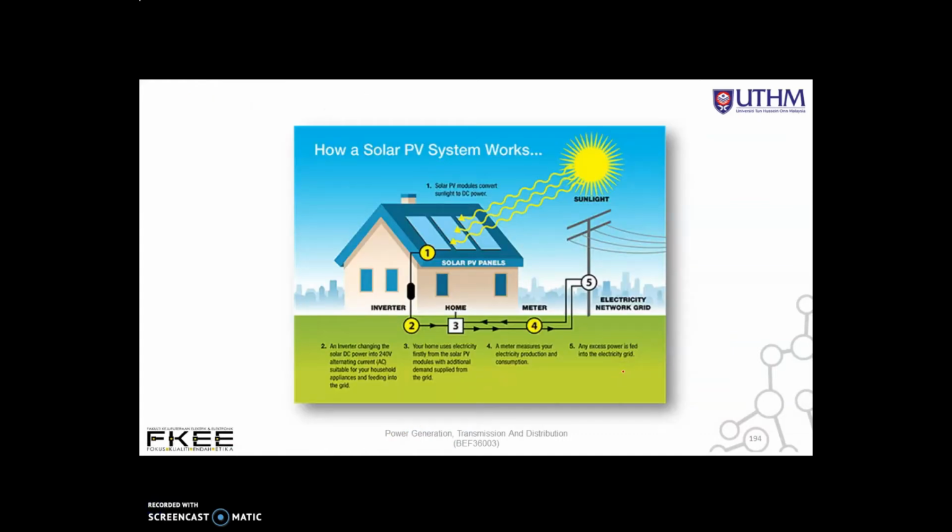Okay, this is the figure on how a solar PV system works at a residential house. First, the solar PV modules convert the sunlight to DC power.